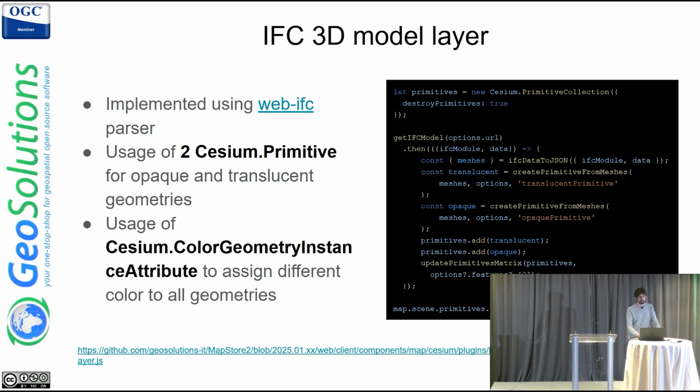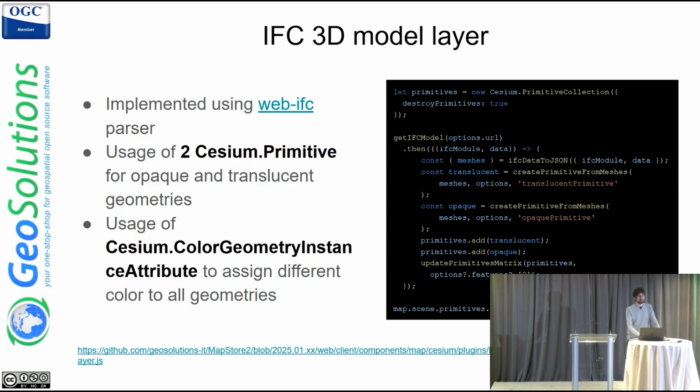And here we use the web-ifc library, an open source library, to parse an IFC model from a URL. Also in this case, we had to create primitives, with all the meshes placed on two big primitives, one for the translucent surfaces, and one opaque.